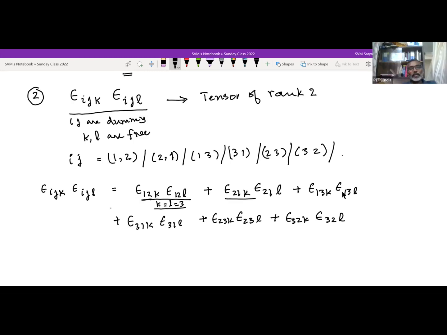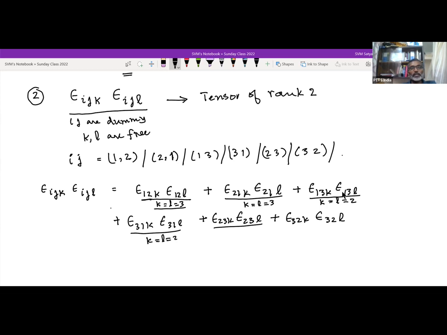Similarly, what can we say about this? This is also true only if k is equal to l is equal to 3. What about this? This is non-zero only if k is equal to l is equal to 2. Whereas this is also non-zero if k is equal to l is equal to 2.